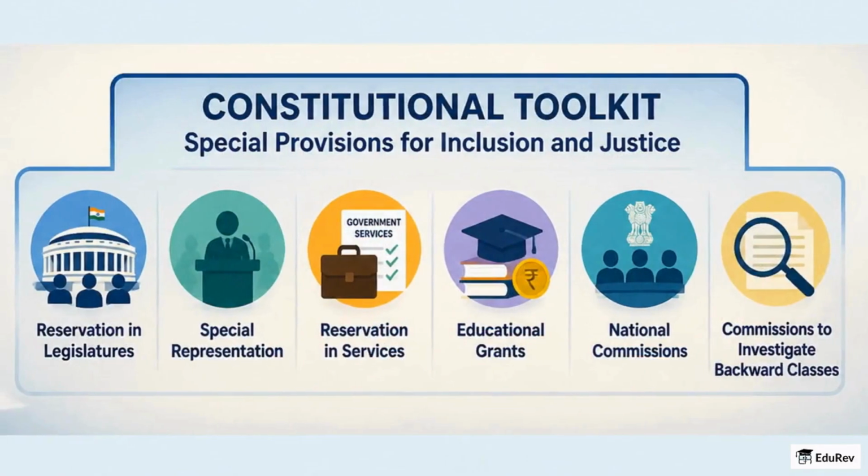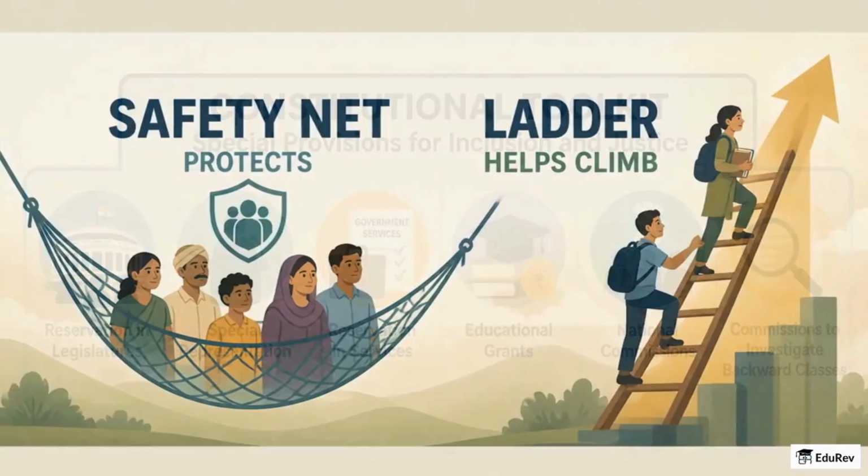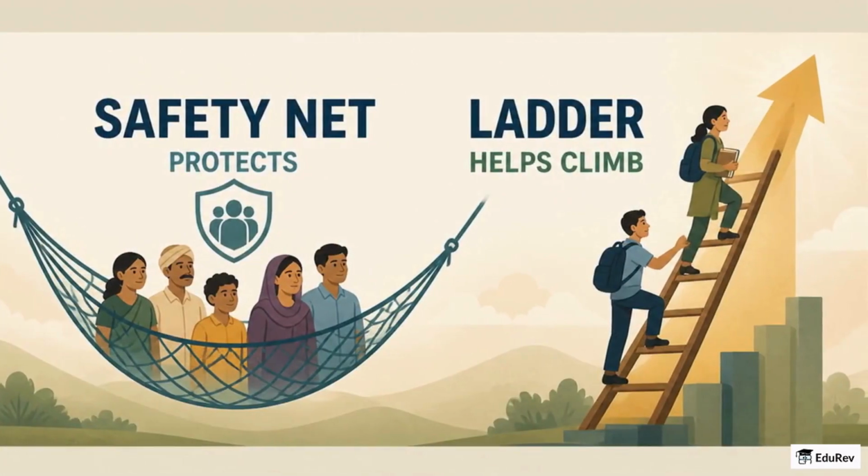The toolkit includes reservation in legislatures, special representation, reservations in services and educational grants, national commissions, and commissions to investigate backward classes. Visualize two simple tools: a safety net that protects groups from injustice, and a ladder that helps them climb economically and educationally.